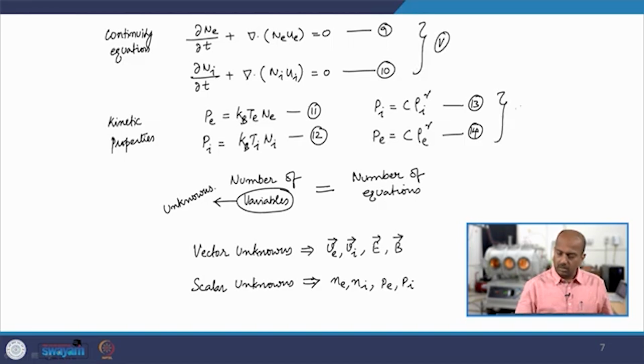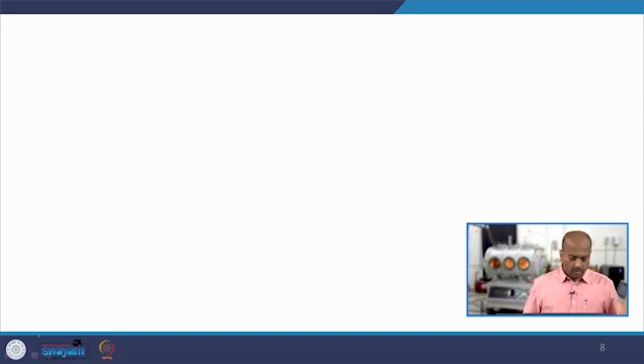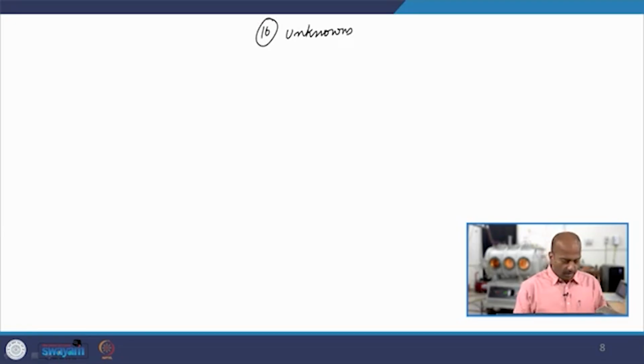These are scalar equations, but in essence we have variables which are scalars and vectors. In total we have 16 unknowns. Let us see how we count them.